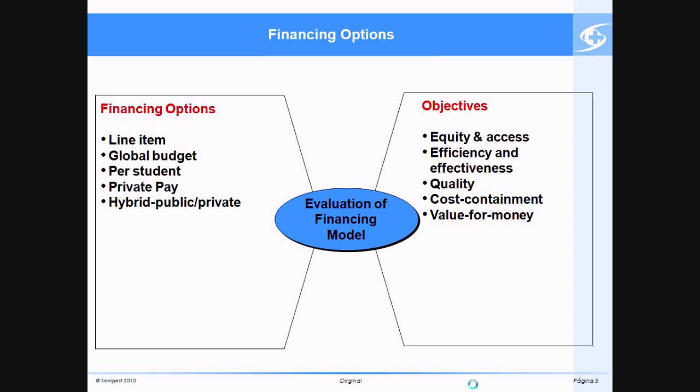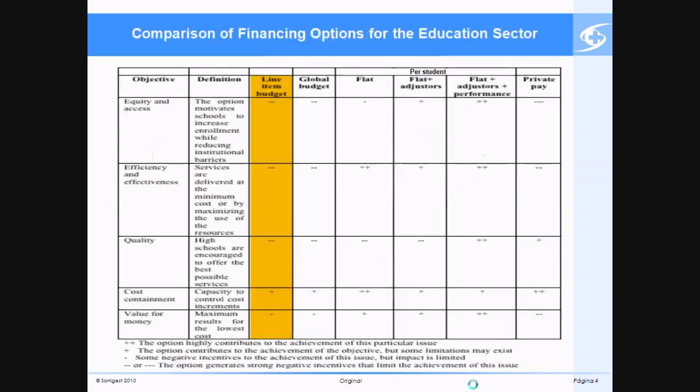Evaluating these various options against these objectives, then, that is how we arrived that the per-student model was the model that would help us to achieve our objectives to the greatest extent. Here is a comparison of the various models against the objectives that we have just stated.